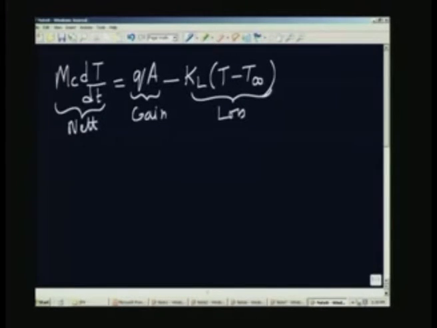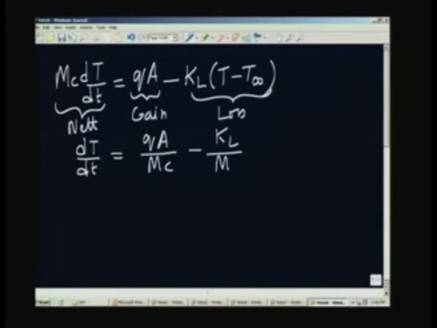The assumption I am going to make is, if we divide throughout by mc, you will see that we get the following equation: dT by dt equals qA by mc minus the loss coefficient KL divided by mc multiplied by T minus T infinity. So, this is a small quantity. What we are trying to argue is that if a small amount of loss is present, this term is going to be much smaller than the first term.